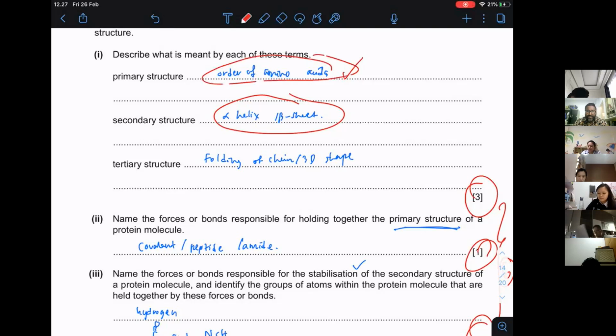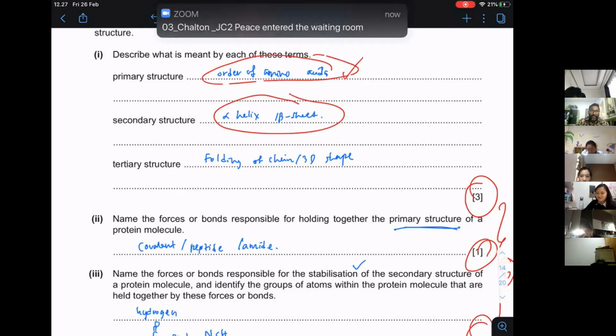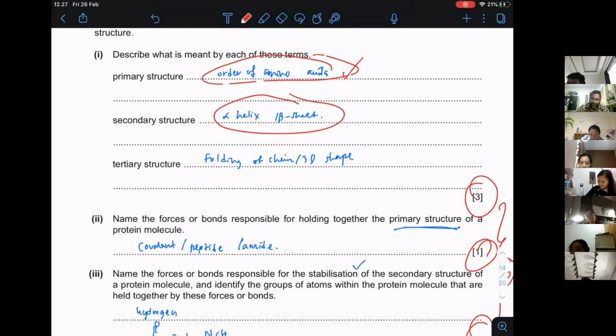Tertiary structure is a little bit more advanced. It involves folding of the chain, with more branches and more folding, and it gives you a 3D shape.